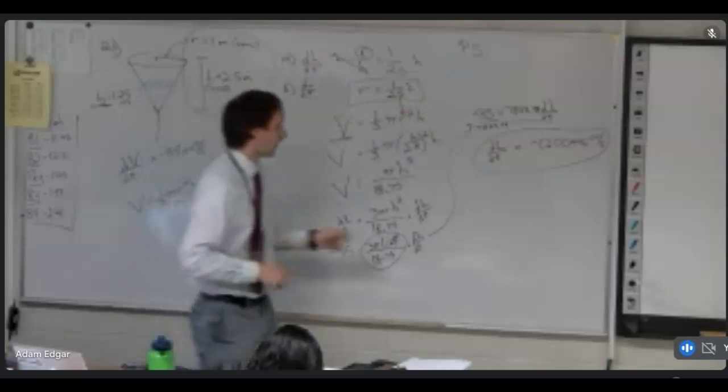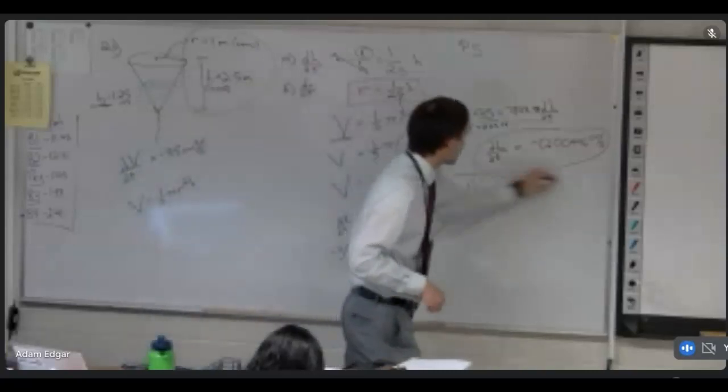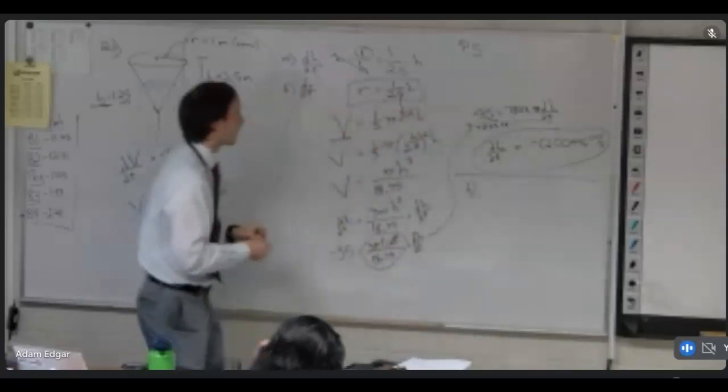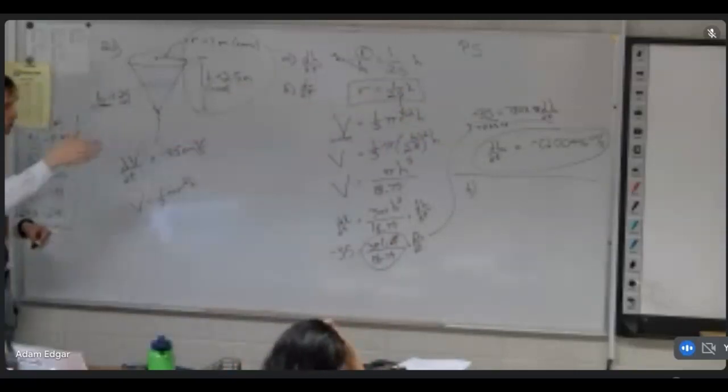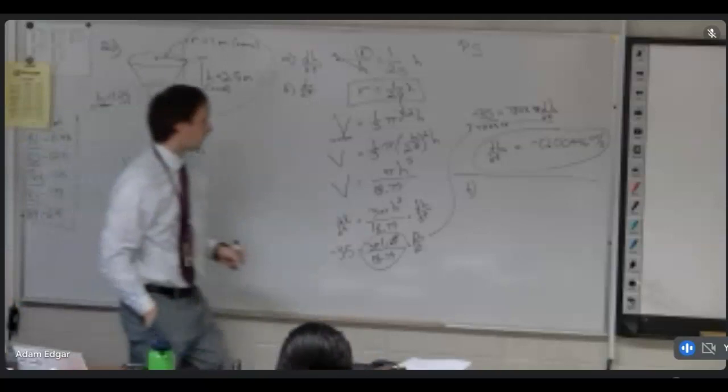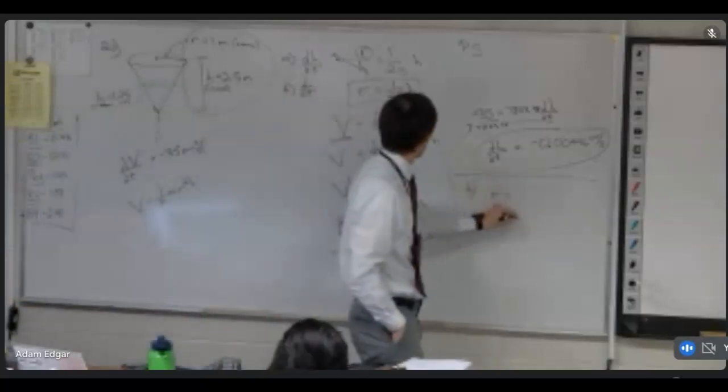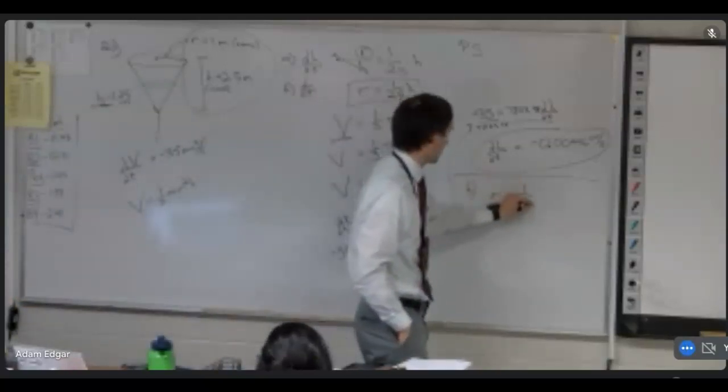So for part B, that is where you make your ratio relationship between the radius and the height do some more work for you. So let's look at that ratio relationship, r equals 1 over 2.5 times h.